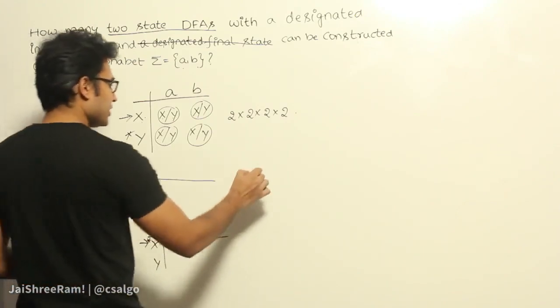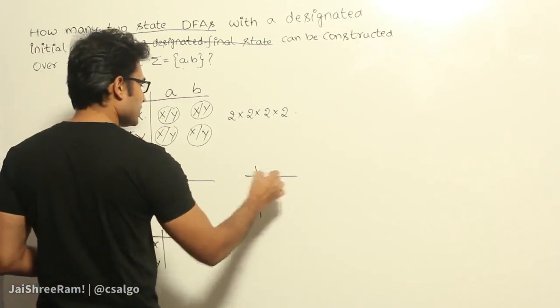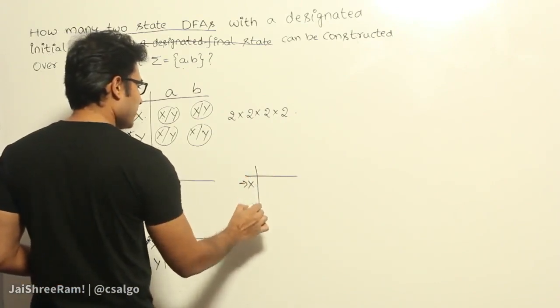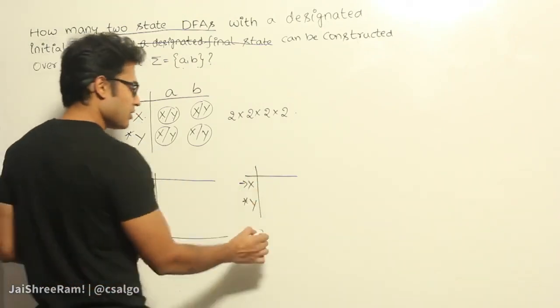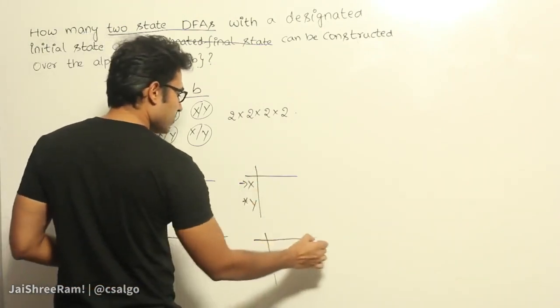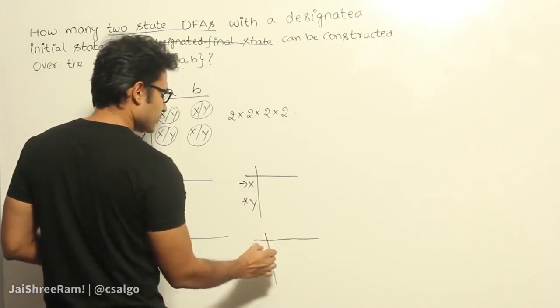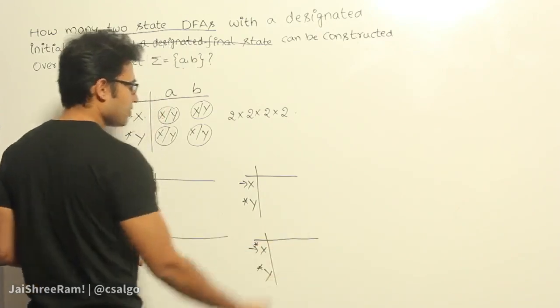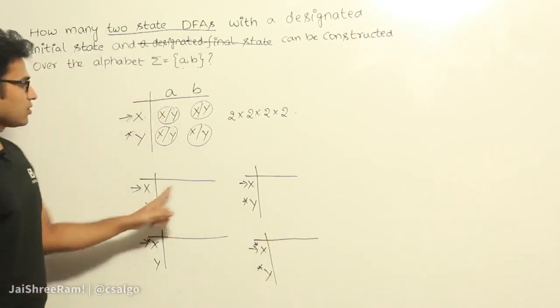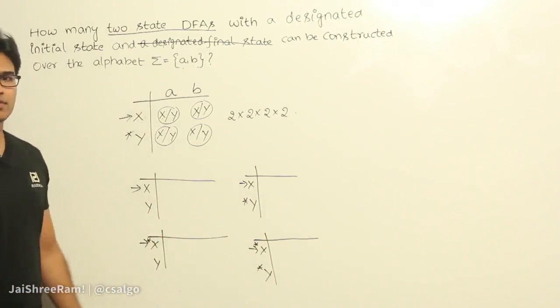The other possibility is that there is one final state in our DFA, and that final state might be Y. Or the other possibility is that there might be two final states, both of them final states, right? So we are going to get these four cases. Got it?